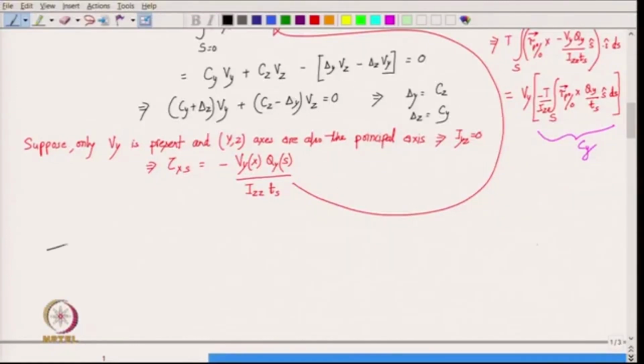So, we have this beam whose cross section is unsymmetrical, and it is clamped on one end, all right.